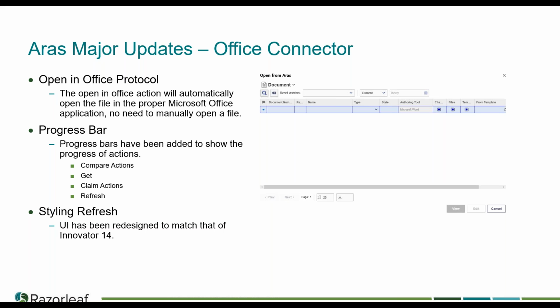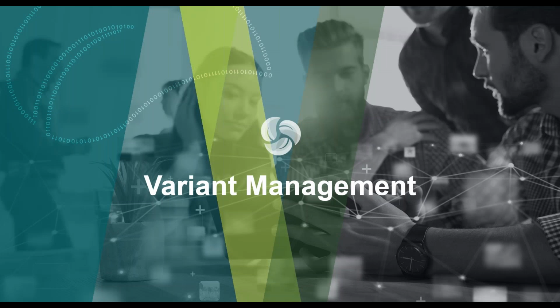So moving into what is probably the star of the show today, is the introduction of Aras variant management. Those of you who had attended our user group in the past or seen maybe a demo of this, those are all highly based off of the community solution that Aras had developed and released onto GitHub, mainly just to test out functionality, get users introduced to it, and kind of dry run how variant management would look within Aras Innovator.